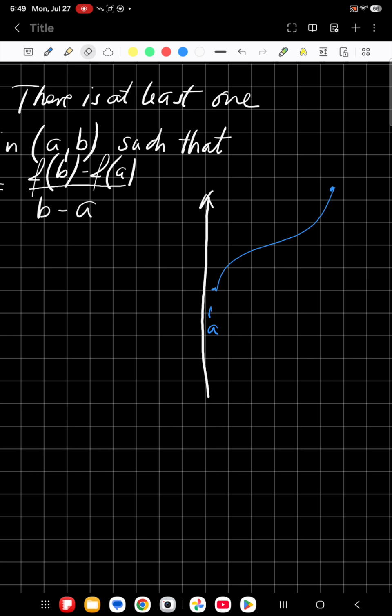Maybe by extending the x-axis. So my B is here. Now if I draw a secant line that connects those 2 points, okay, I succeeded.